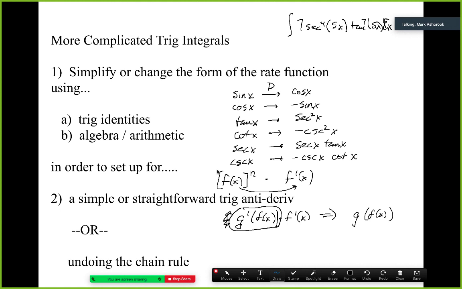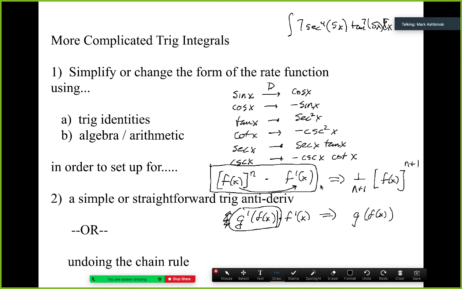So that's what we're doing here. We're staging, we're trying to get our integrand to be like this, with any power of a trig function times just one derivative. We'll be undoing the chain rule, and then we'll have what? 1 over n plus 1 times that trig function to the n plus 1, and we'll be done. Basically, we'll have to clean up the mess with the coefficients, like we always do. But this is the idea here.